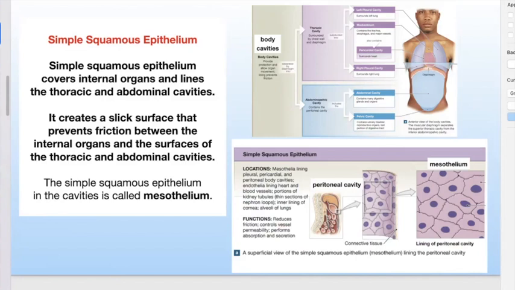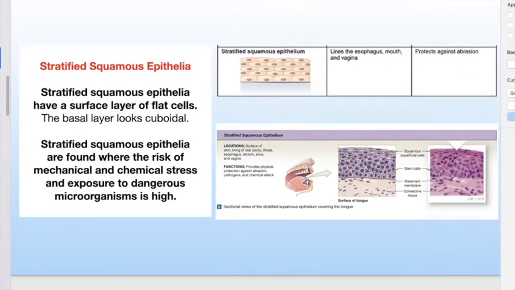It creates a slick surface that prevents friction between the internal organs and the surfaces of the thoracic and abdominal cavities. The simple squamous epithelium in the cavities is called mesothelium, but the term mesothelium is much less commonly used than the word endothelium.